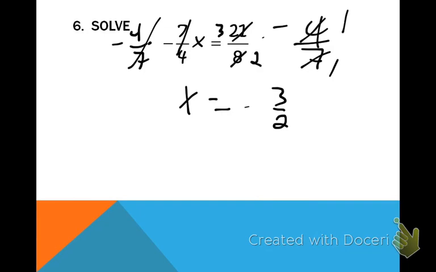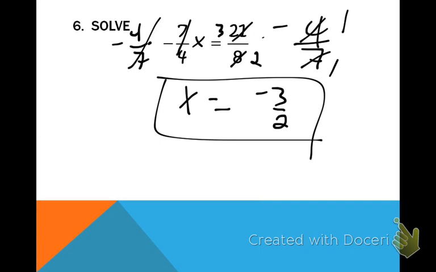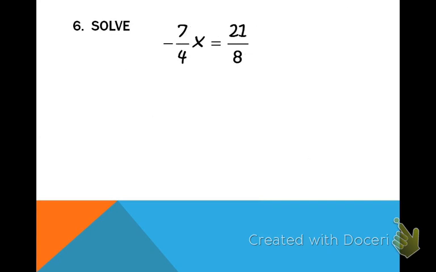Numerator times numerator, 3 times negative 1 is negative 3. 2 times 1 in the denominator gets you 2. So indeed, it should be negative. Okay? Good. Those are all called one-step equations. Why? Because you only need one step to get the variable by itself with the coefficient of 1. Okay?